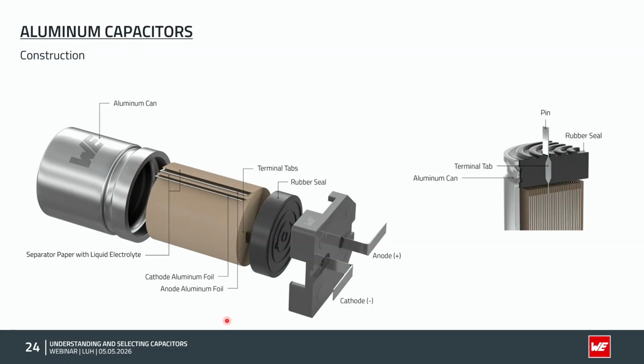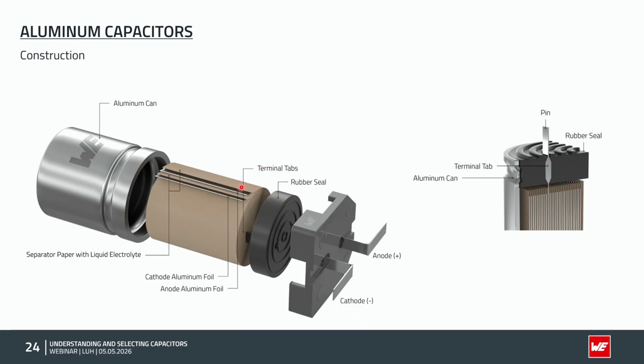Let's speak a little bit about the inner structure of an aluminum capacitor. You see here the inner structure: we have the aluminum foil, or rather two aluminum foils, and then we have some paper in between. Everything is wound up and then soaked with some electrolyte.